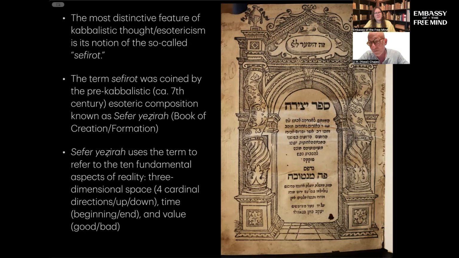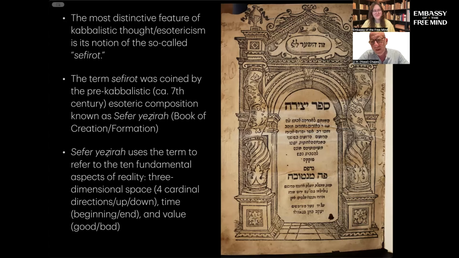The term appears for the first time in a mysterious work, still the subject of much scholarly debate to our day, a work by the name of Sefer Yetzirah, which has been translated a lot of different ways, but probably most frequently as the book of creation or the book of formation.